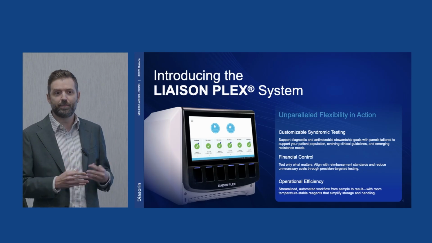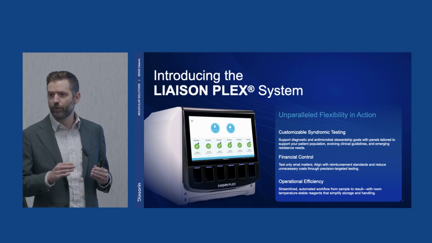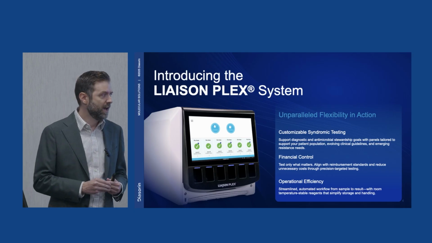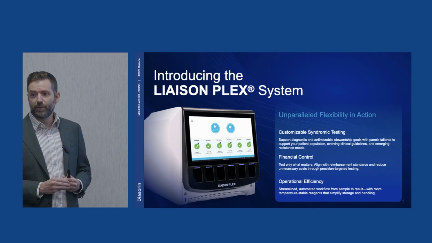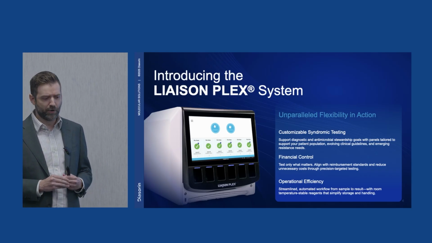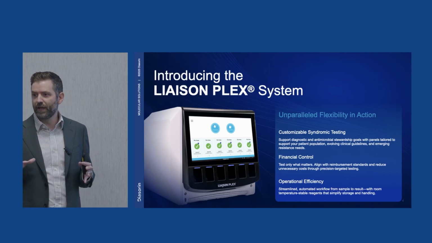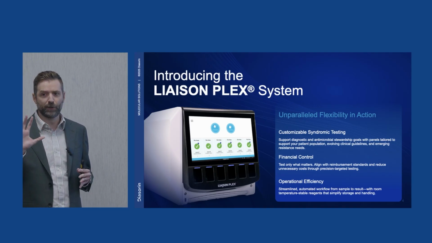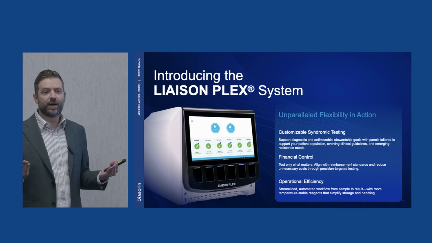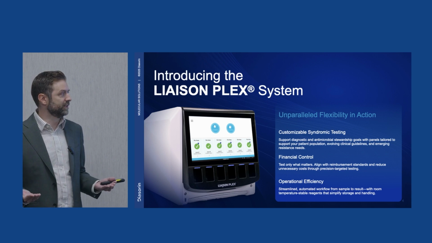It was a 9-target panel, more geared towards that community-acquired or acute diarrhea space. And then we also did have a respiratory panel on the Verigene that had that flexible concept. I would consider that more semi-customizable because we took that respiratory panel and divided it up into 5 different groups. Depending on how many of those 5 groups you ran dictated the price of the test.